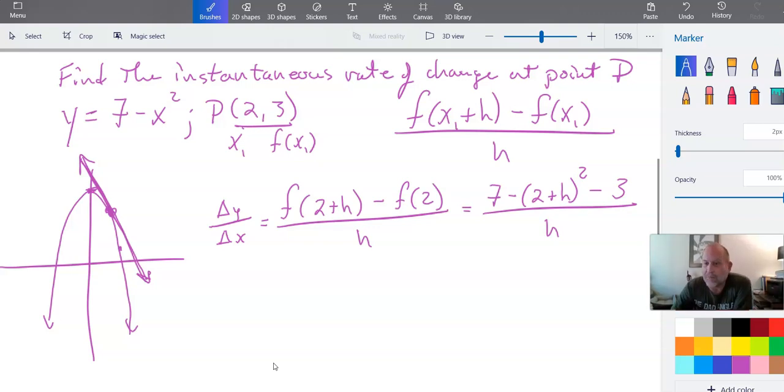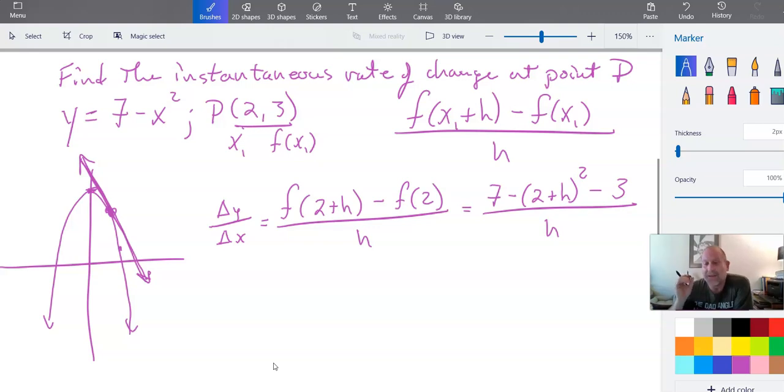Again, we need to simplify this thing down because really our goal right now is to make h 0. Now I do want to hedge this a little bit. In the next lesson, we're going to have a much more formal way of getting a hold of these things. But for right now, it's essentially the same as plugging in 0 for h.